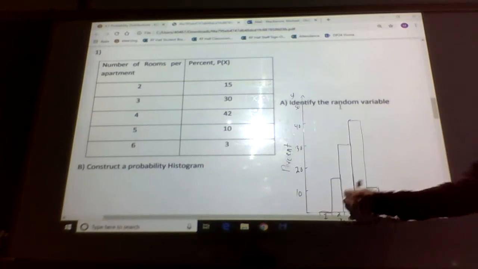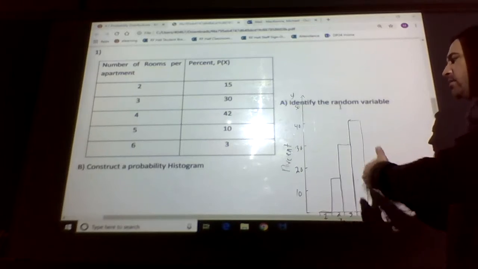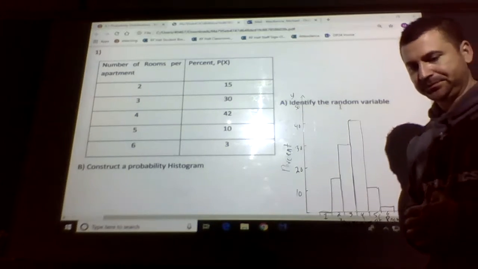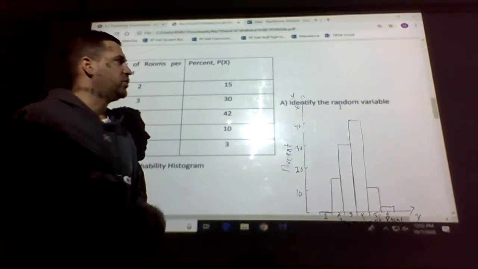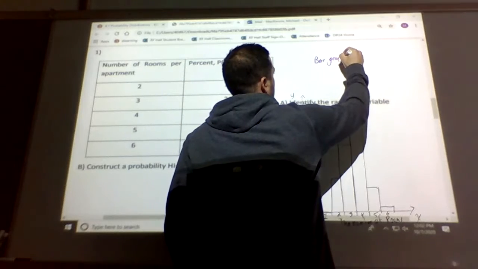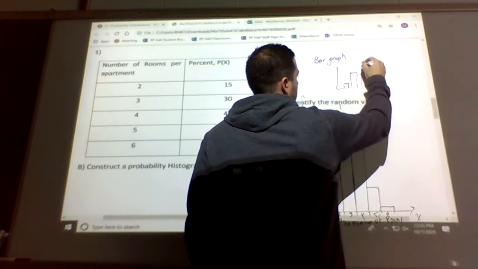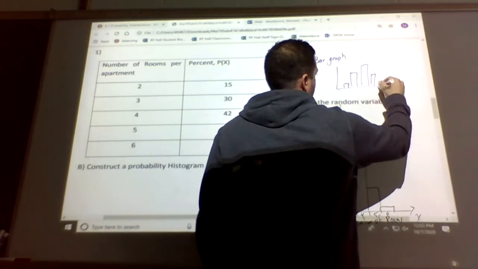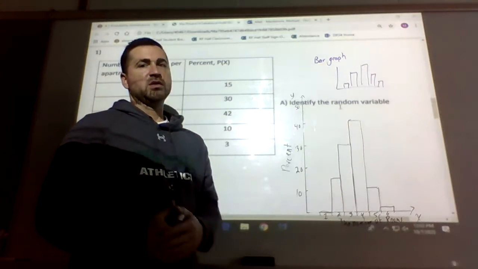All the bars are attached together, whereas a bar graph, they would be separated. Just to show you a bar graph, it would look something like this. So bars would be separate, whereas a histogram, they are together.